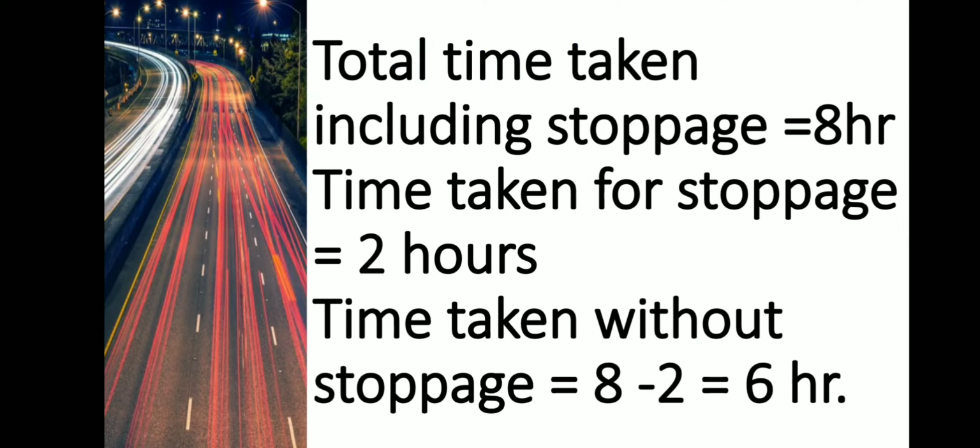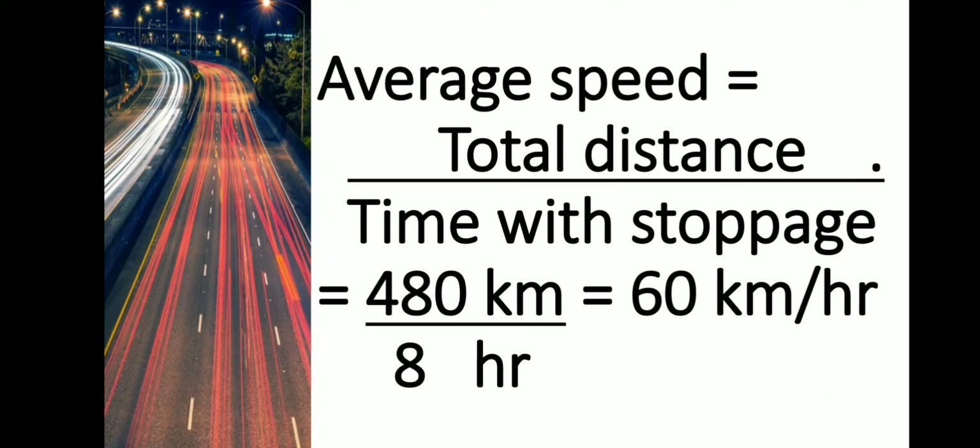Now total time taken including stoppage is 8 hours. Now time taken for stoppage is 2 hours. So we can subtract this 2 for time without stoppage. So time taken without stoppage, what would it be? 8 minus 2 hours, that comes to be 6 hours. Now let us find out the average speed. Formula for average speed is total distance divided by time with stoppage, that is including stoppage. We know that total distance is 480 km and the time we calculated with stoppage was 8 hours.